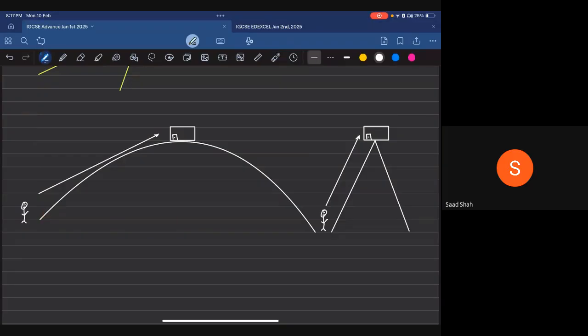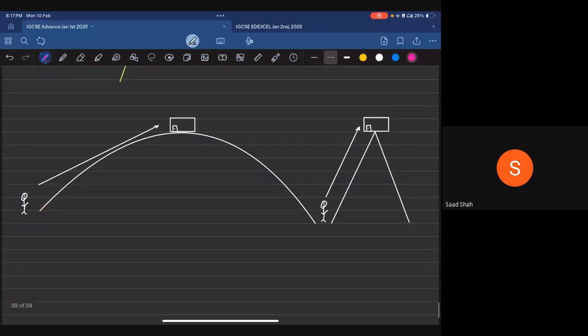We can actually see that. For example, you move a lot to the left or to the right, and you're not moving a lot up. Whereas the same cannot be said over here. Over here, what is happening?